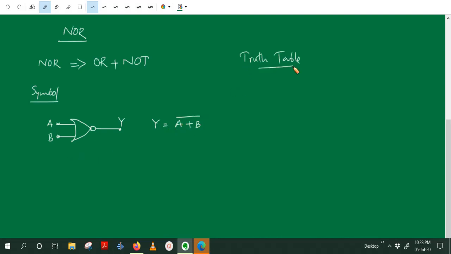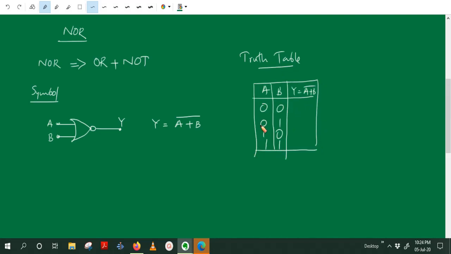Truth table of a NOR gate is like this: 0 0, 0 1, 1 0, 1 1. These are the different combinations of inputs, and the corresponding outputs for the NOR gate are: for 0 0 it is 1, for 0 1 it is 0, for 1 0 it is 0, and for 1 1 also it is 0.